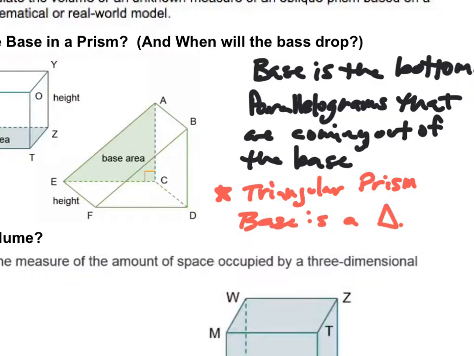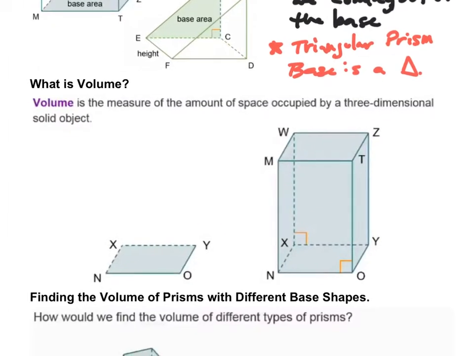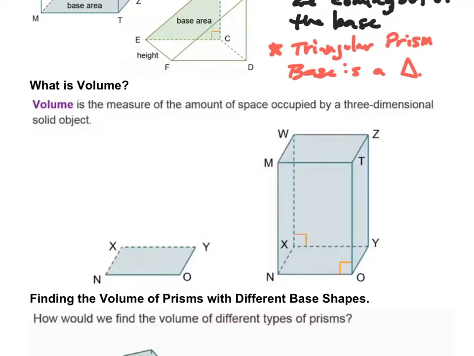Now what we want to talk about is volume. We talk about it, but what is it? It's the measure of the amount of space occupied by a three-dimensional solid object. Here's your base figure, NOYX, and what we do with that figure is we give it depth.